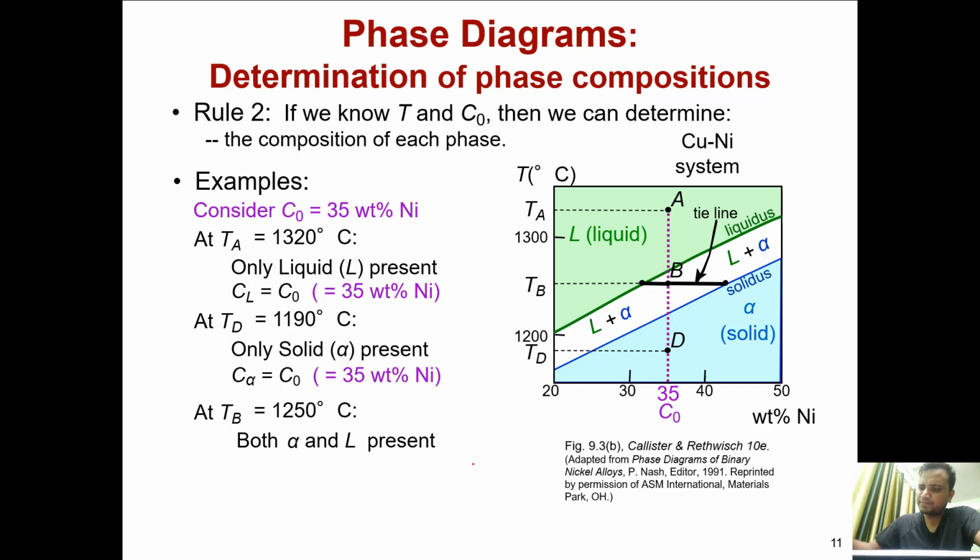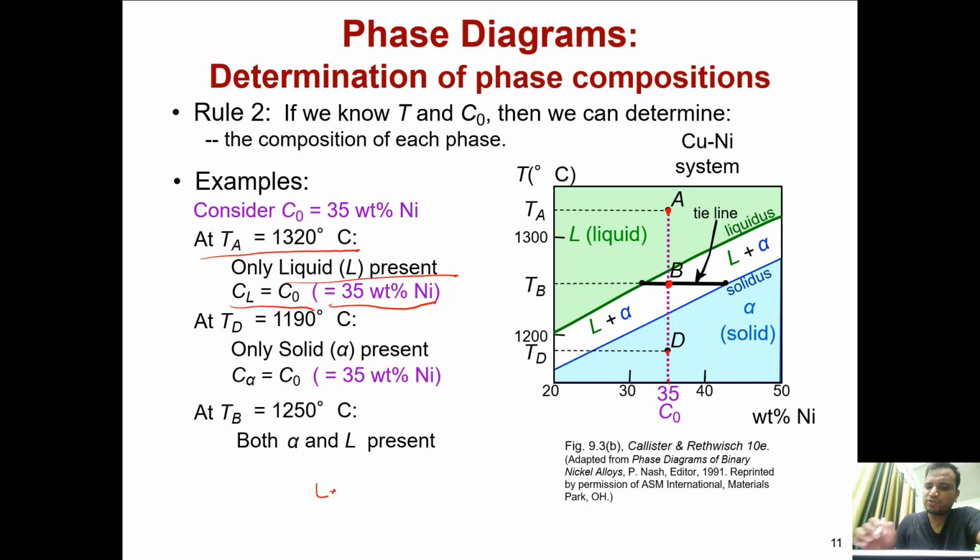Suppose this is the point A. The three points are given, A, B and D. If someone asks you what is the composition at point A, we have the liquid only. So what will be the composition of that liquid? It will be 35 weight percent nickel.